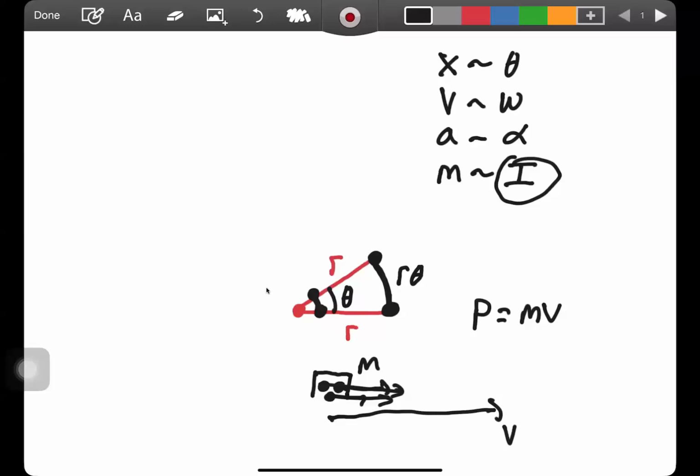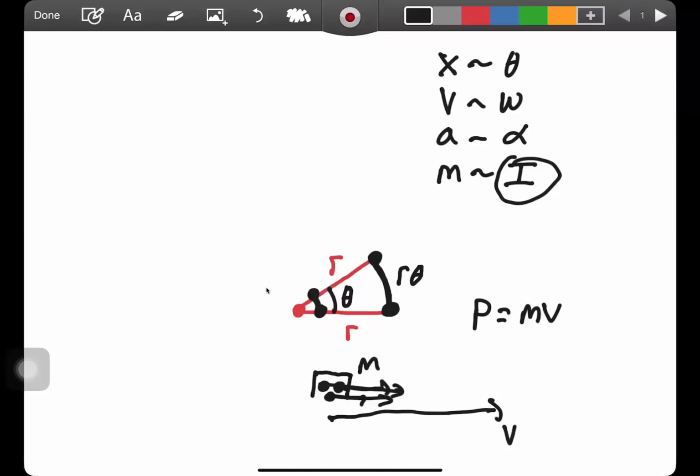And so you're going to have to look that up in a table. You'll be provided information about whether it's a sphere or a cylinder and what the axis of rotation is and whether it's a uniform distribution or if the mass, say, is distributed out towards the periphery.